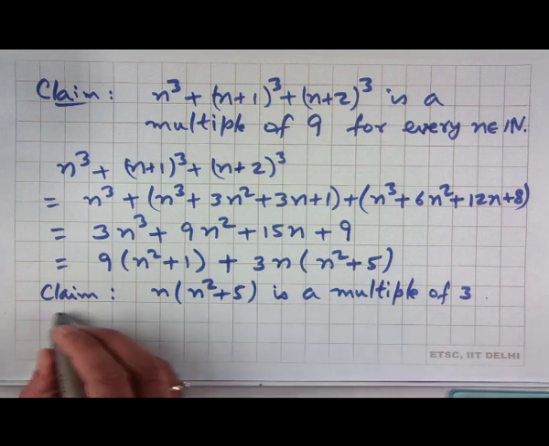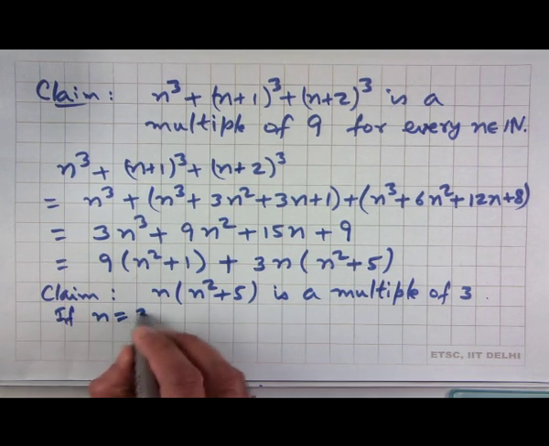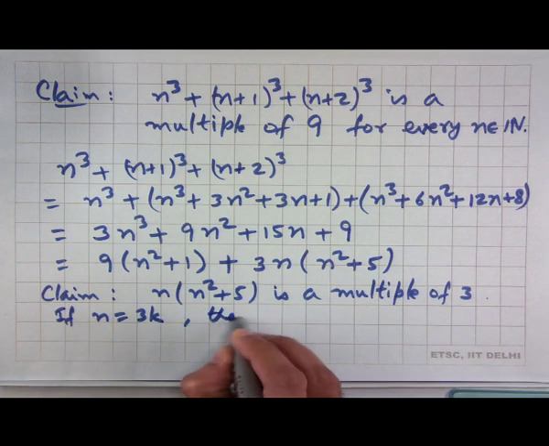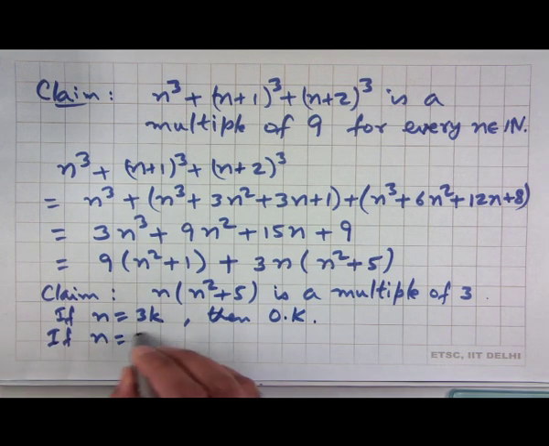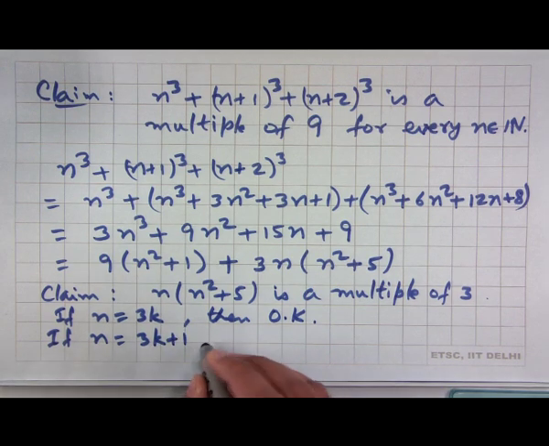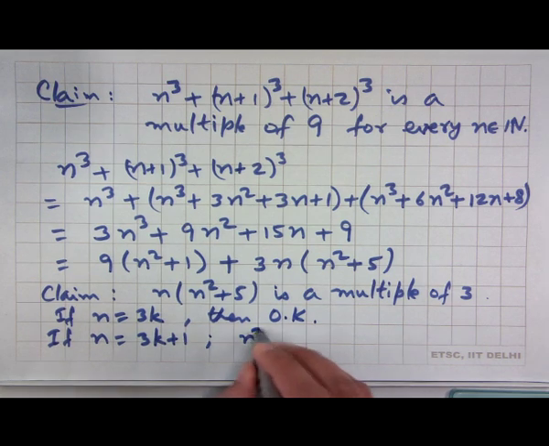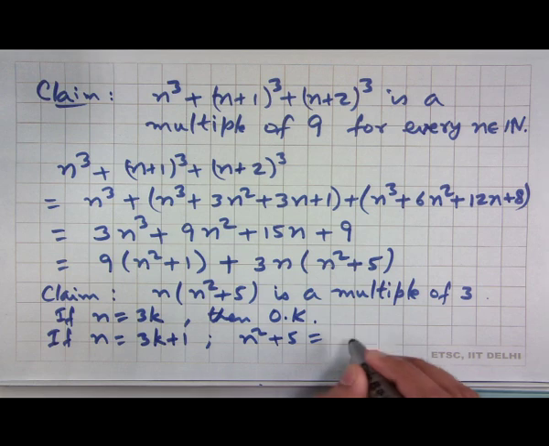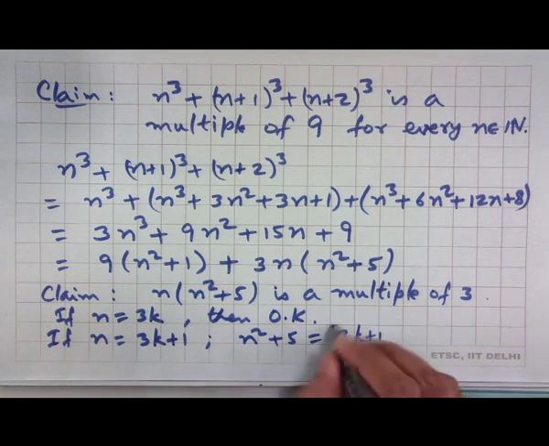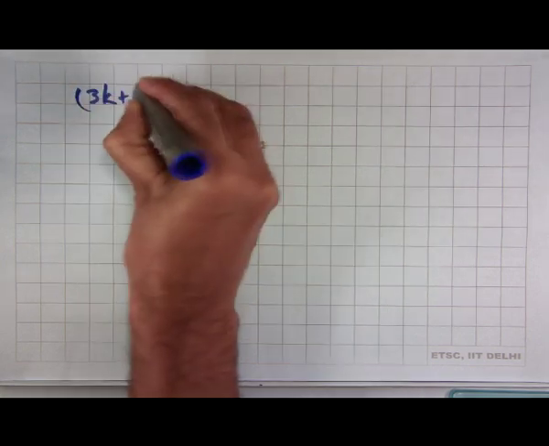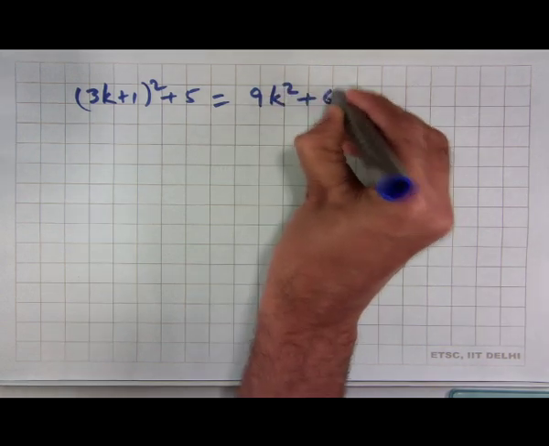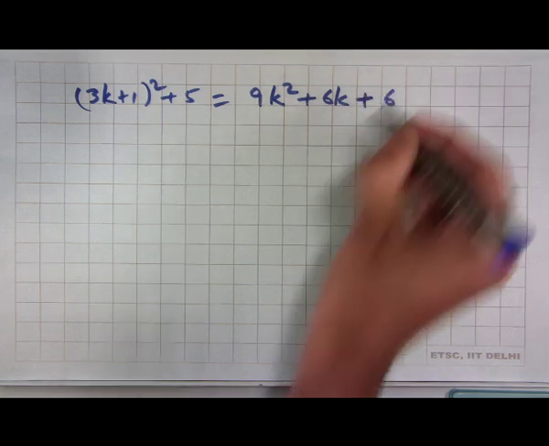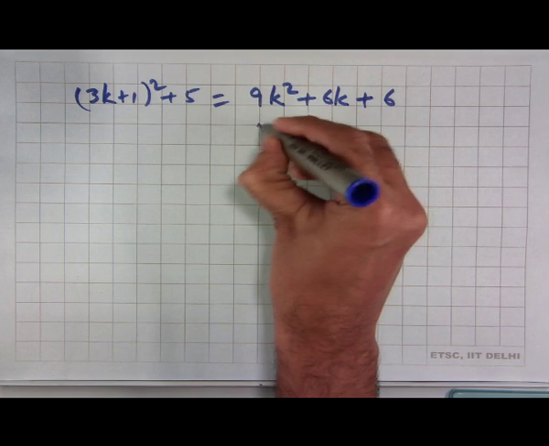So, if n is equal to 3k, then this is fine. If n is 3k plus 1, then n square plus 5 will be (3k plus 1) square plus 5, which is equal to 9k square plus 6k plus 6, and this is a multiple of 3.